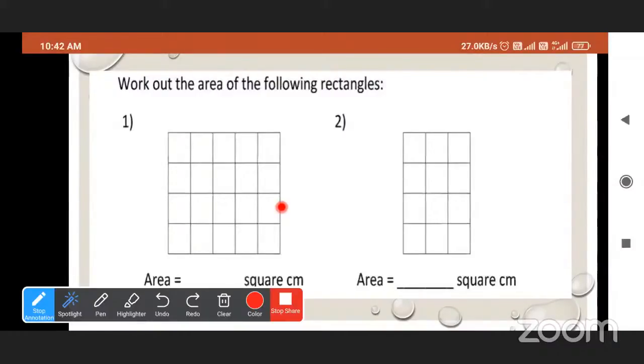So count the first one. 1, 2, 3, 4, 5, 6, 7, 8, 9, 10, 11, 12, 13, 14, 15, 16, 17, 18, 19, 20. So what is the area of the first figure? 20 square centimeter. Okay, very good. This is 20. And now find the area of the second figure.